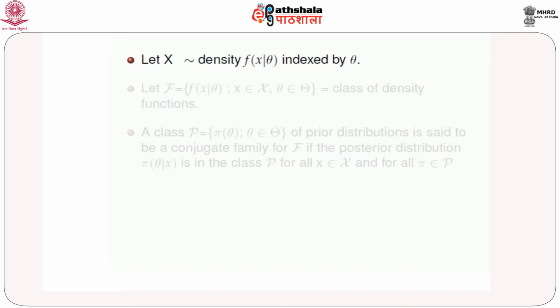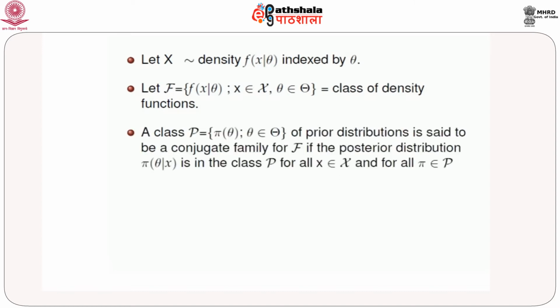Let x be a random variable having the density f indexed by theta. Suppose script f be a class of density functions f indexed by theta, and theta belongs to the parametric space script theta, and x is a member of the sample space script x.